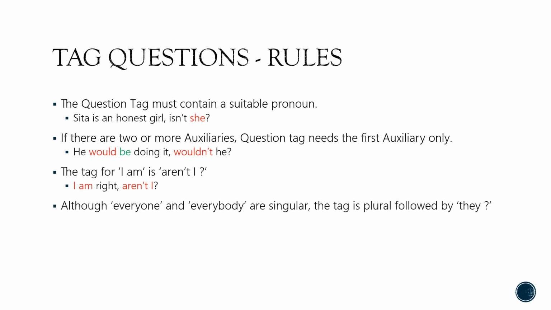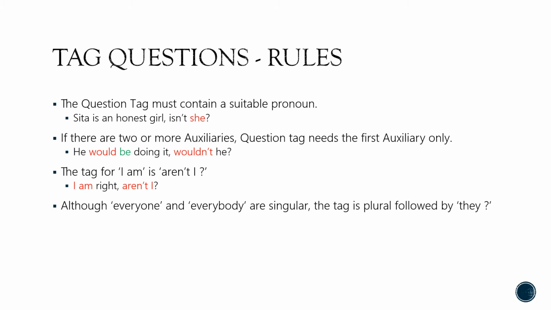Although everyone and everybody are singular, the tag is plural, followed by the word they. Yes, dear, I know. Everyone. Okay. Everybody? Singular? Nope, that can't be. You're wrong. But let me assure you, everybody confusingly is singular. Now, where were we?